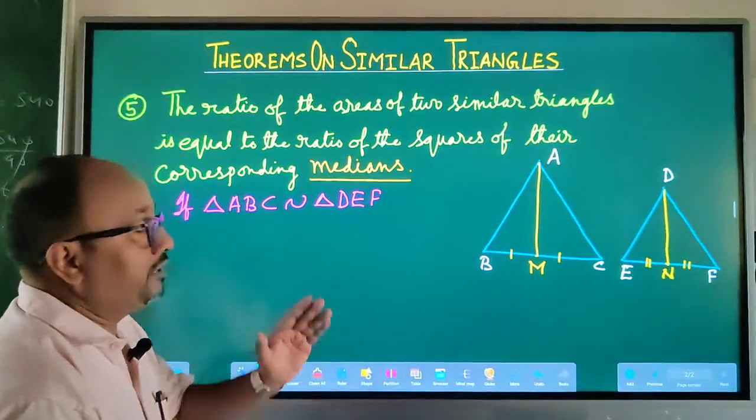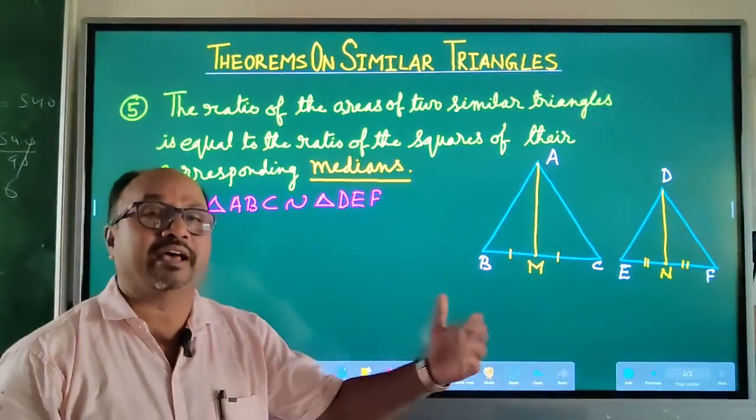Okay. Now the theorem representation is the same as that of the sides.